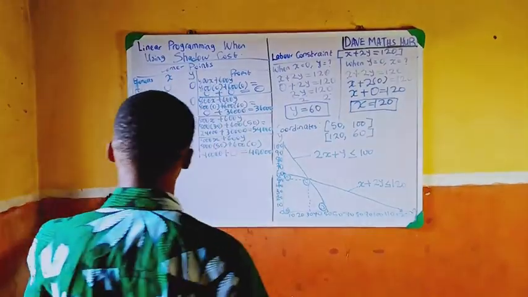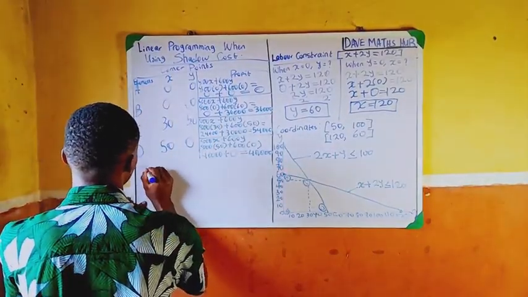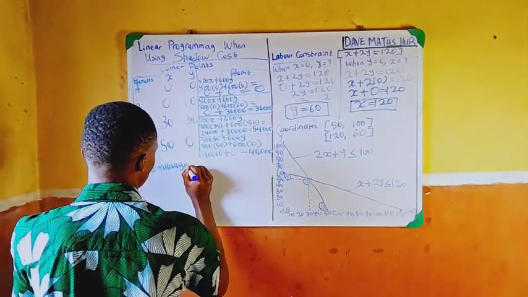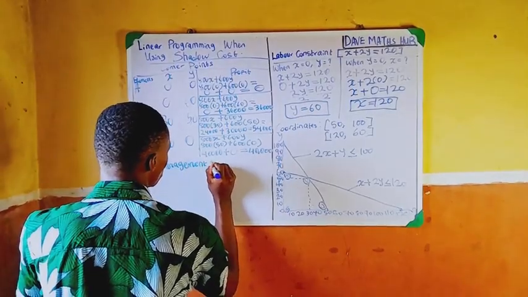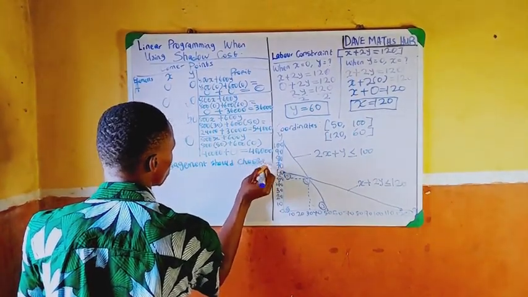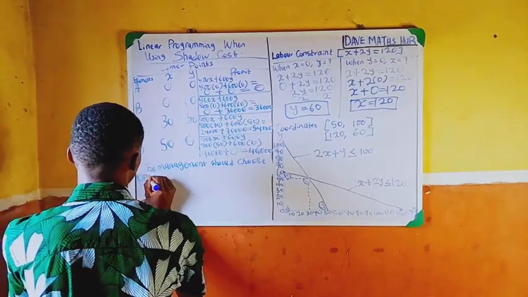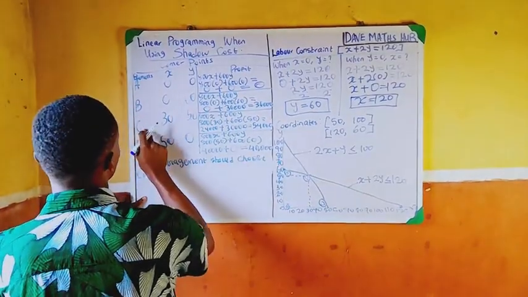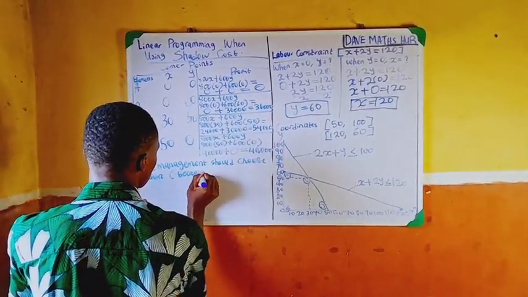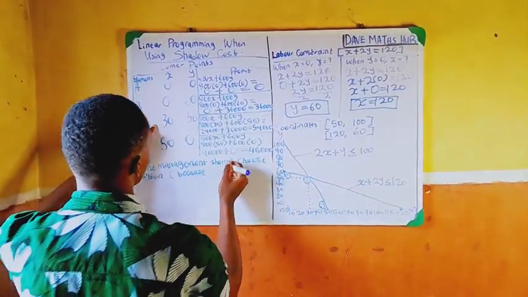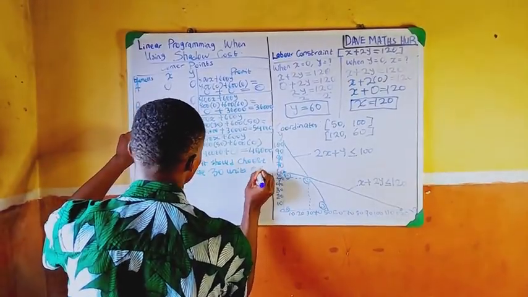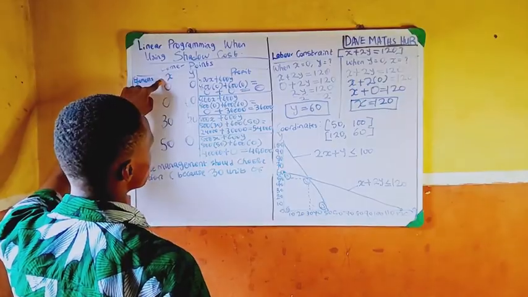So from this, we can advise the management should choose option C because, why is he choosing C? 30 units of what? X. You know, X is representing shirts.